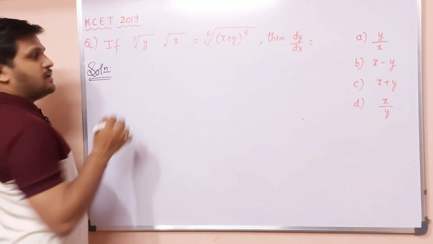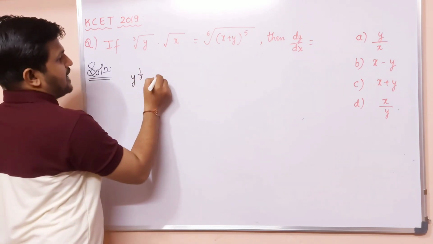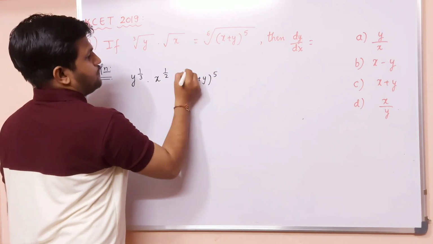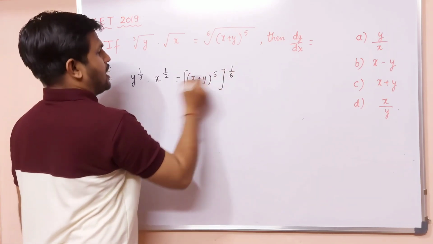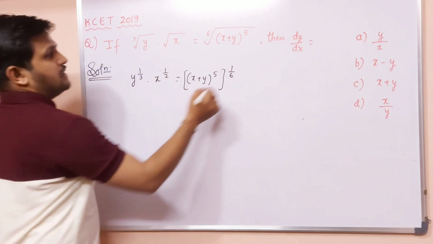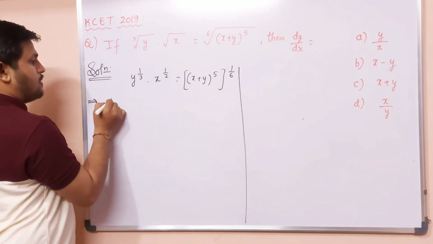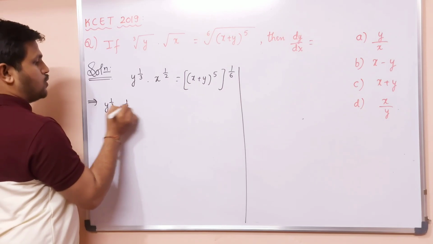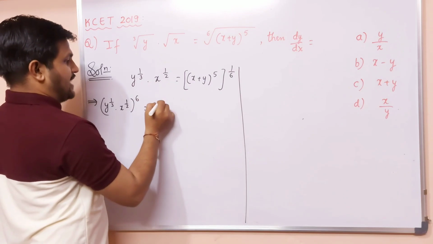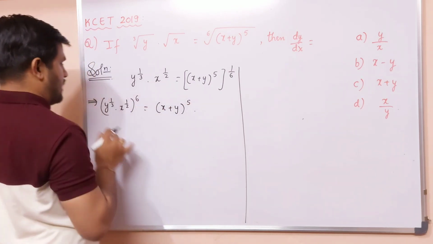So first, let us simplify this. y power 1 by 3 multiplied with x power 1 by 2 is equal to (x plus y) whole power 5, whole power 1 by 6. So what do you do? Take power 6 on both sides, so that it is simplified to the simplest form. So (y power 1 by 3 x power 1 by 2) whole power 6 is equal to (x plus y) whole power 5, because the whole power 6 and 1 by 6 get cancelled. Quite an easier one.